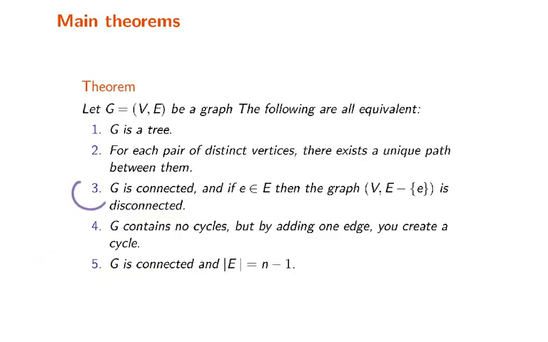Also, this other condition that is equivalent to being a tree says that if the graph is connected and we take out one edge, so we consider the graph with all the edges minus that one, then this one is disconnected. So what does this mean? A tree is always connected, but if we delete any of the edges, it becomes automatically disconnected. That is something that in general does not happen with graphs, but it does happen with trees.